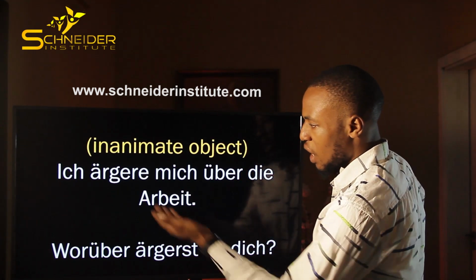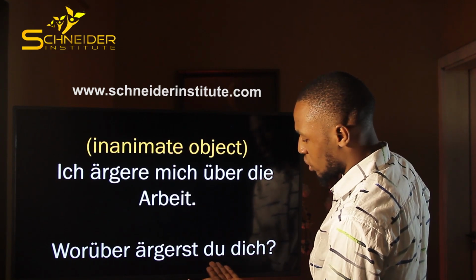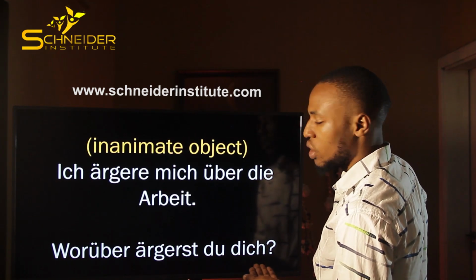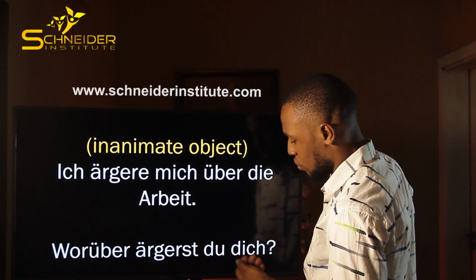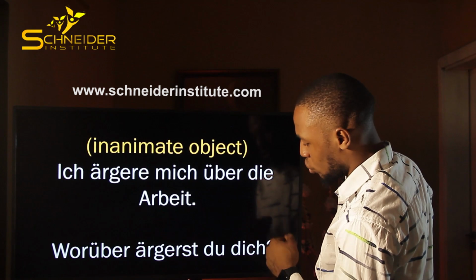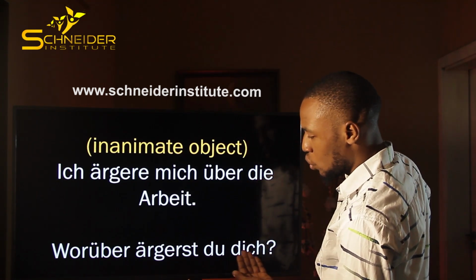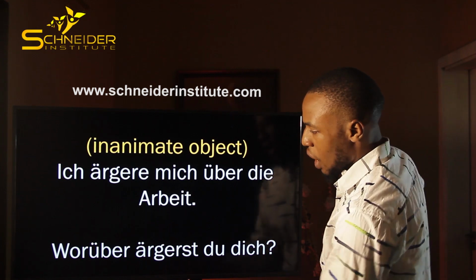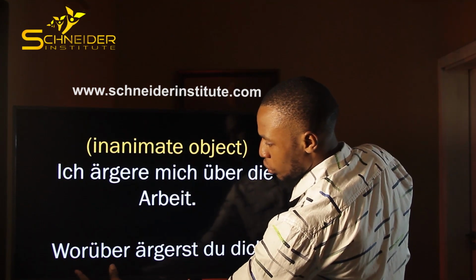Then the next thing I have is the verb conjugated to agree with the subject of the sentence, which is du, and obviously the reflexive pronoun. So we have worüber ärgerst du dich. Recall, I simply took the preposition plus the wo, putting it together.